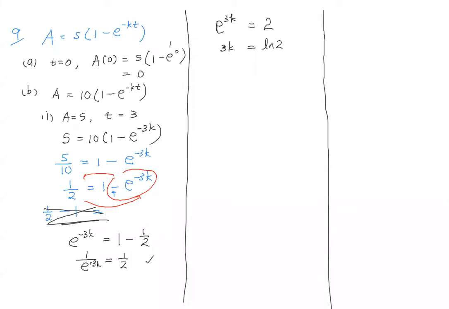If you don't know what to do next step, something is very wrong somewhere. 3k equals ln 2, so what is K?